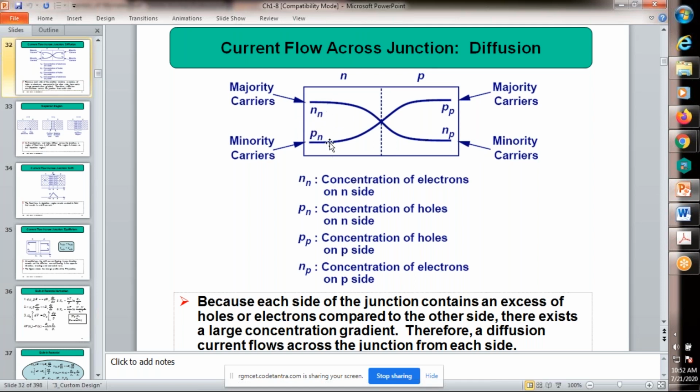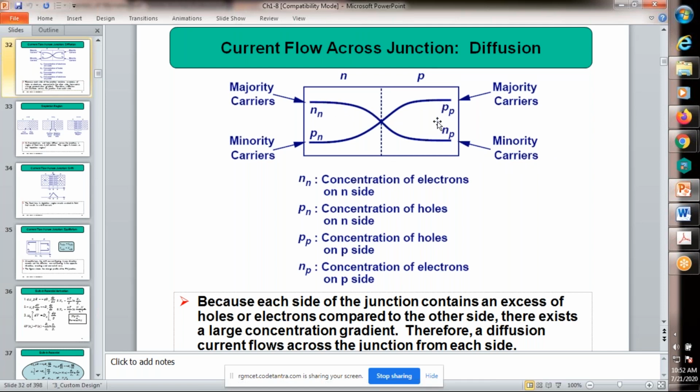There is a small problem in the material I gave. n_n is equal to the number of donor atoms, and similarly p_p is equal to the number of acceptor atoms. What about p_n? Minority carriers are equal to n_i squared by N_d, and similarly n_p is equal to n_i squared by N_a. So minority carriers mainly depend upon temperature, and majority carriers mainly depend upon acceptor or donor atoms.